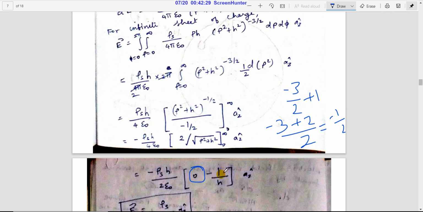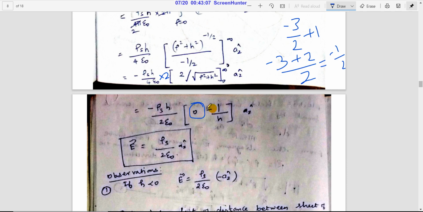So 0 minus, if you apply the lower limit 0, this term is going to be 0. The 2 is there, and there is a root, so the 2 comes out, and it is 2 divided by root of h square, because the rho term is 0 for the lower limit. Root of h square comes as 1 divided by h.